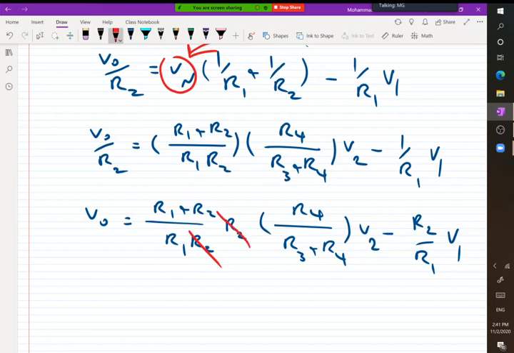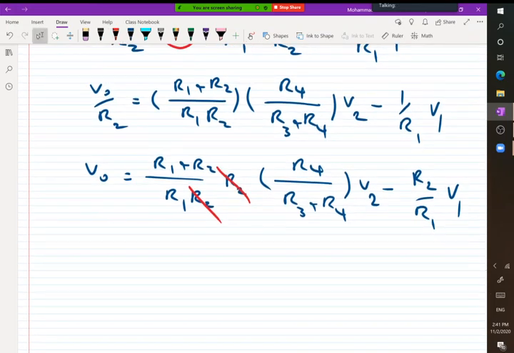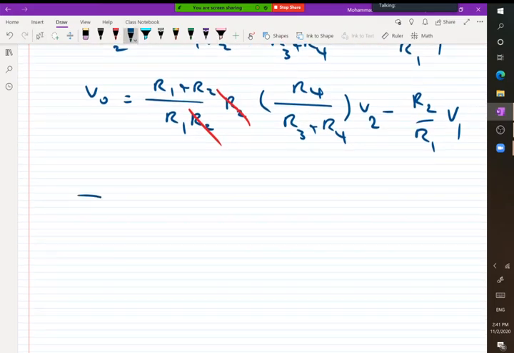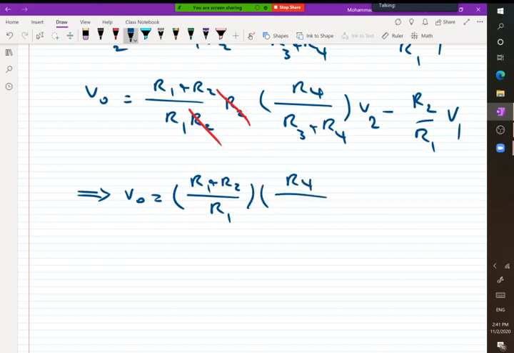This R2 will be cancelled with this R2. So we will have VO is equal to (R1 plus R2) over R1, R4 over (R3 plus R4) times V2 minus R2 over R1 V1.